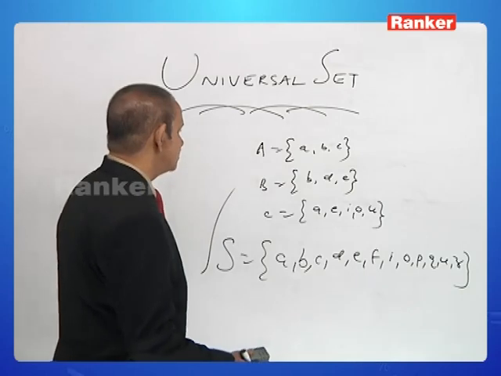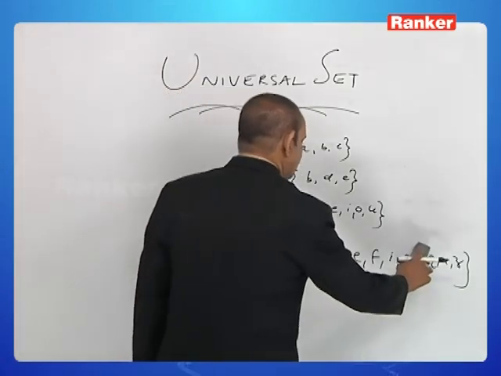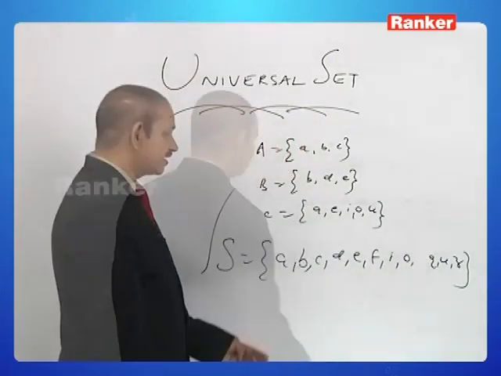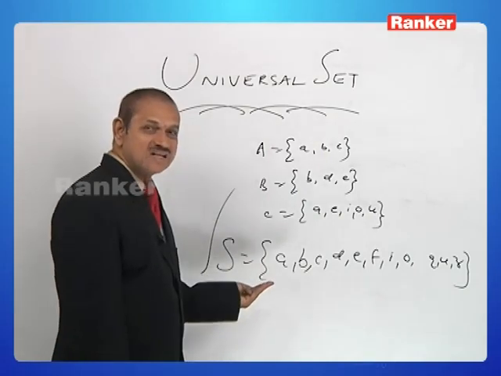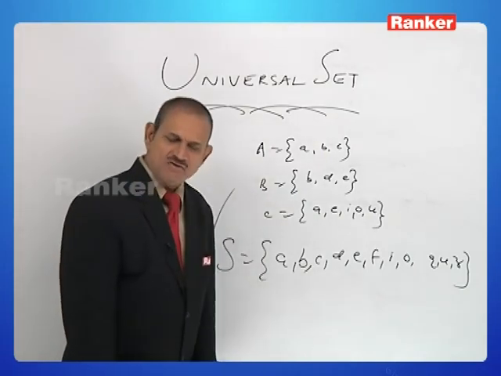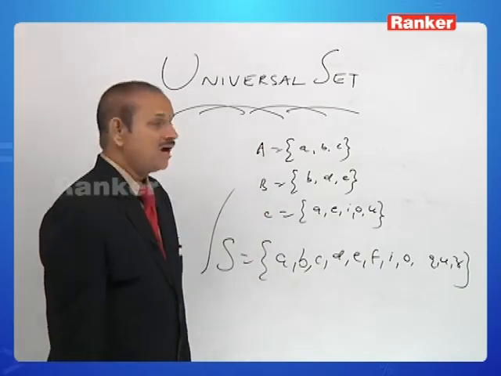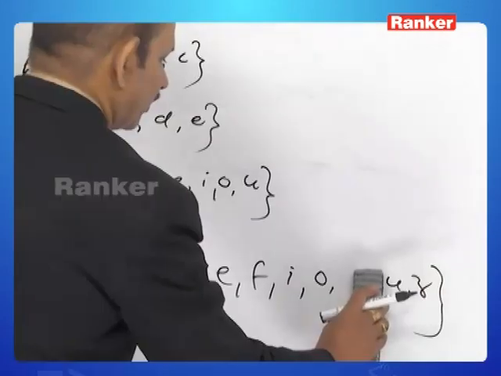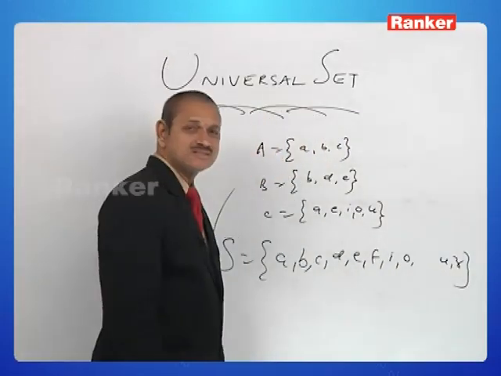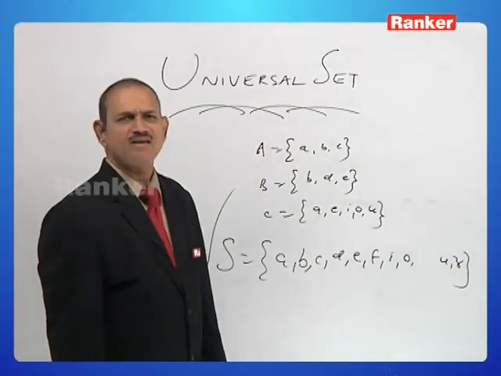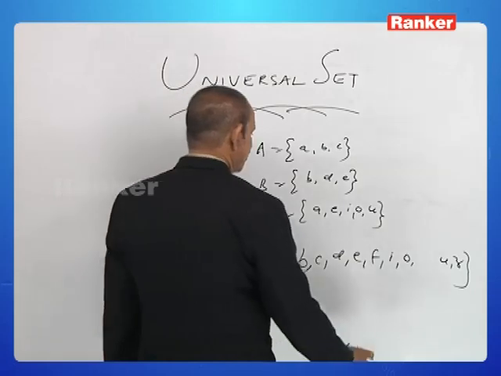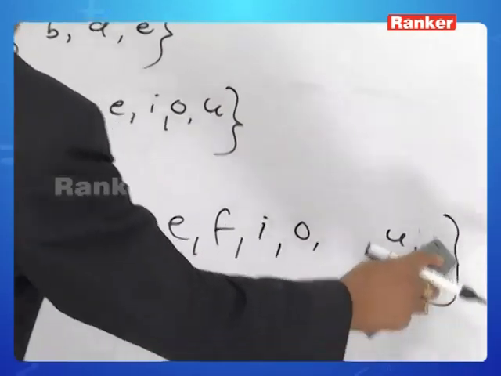Well done. Suppose I omit p from this set. Can you call this set a universal set? Why not? A is a subset of S, B is a subset of S, C is a subset of S. I omit q also. Can you say now it is a universal set? Why not? It is again a universal set. And I like to delete z. Can you say?